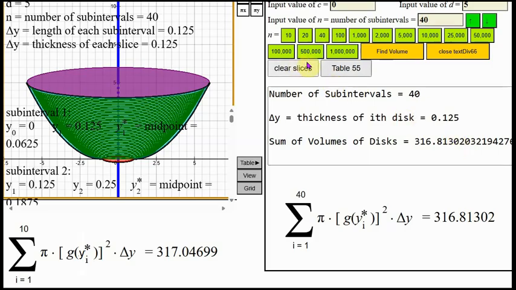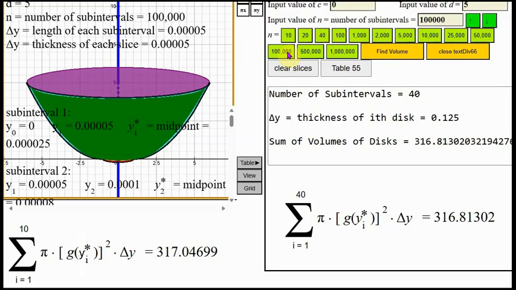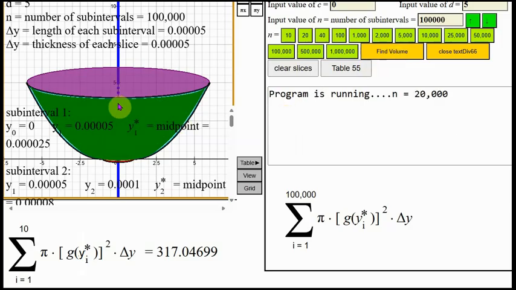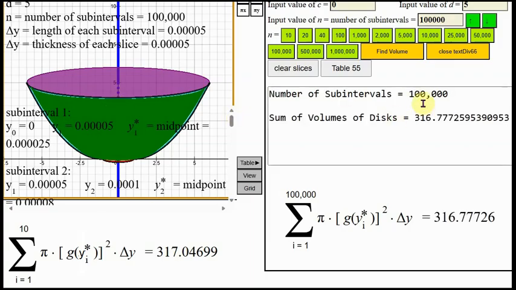And then here's the volumes for 100,000 slices.